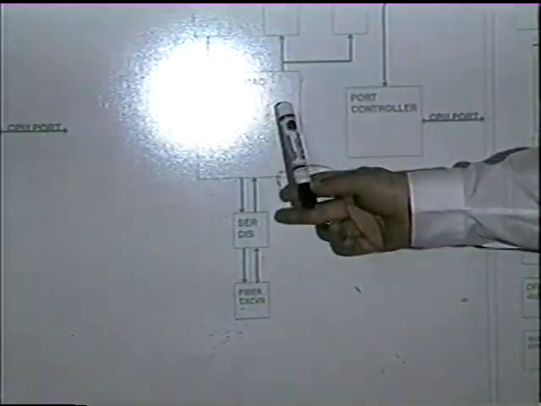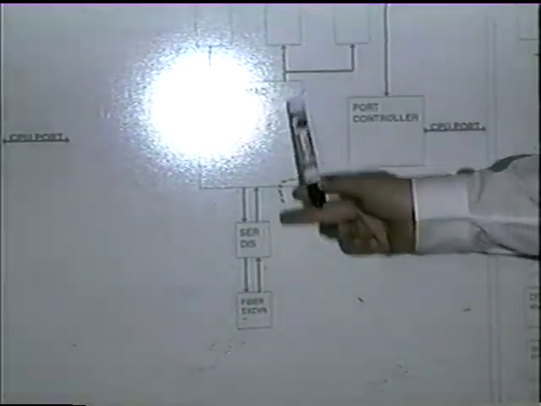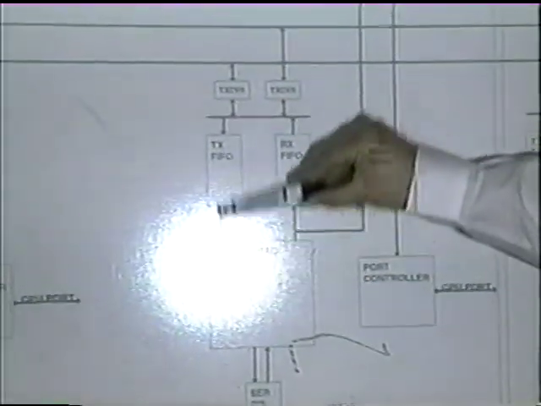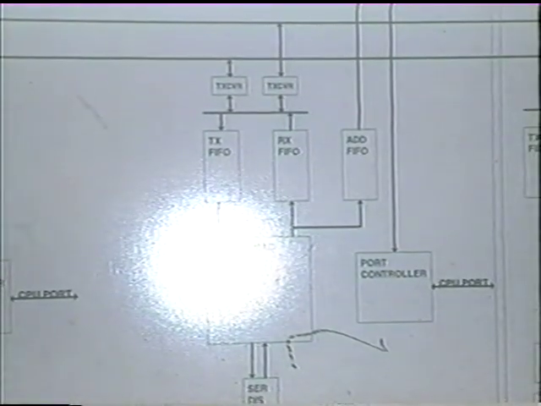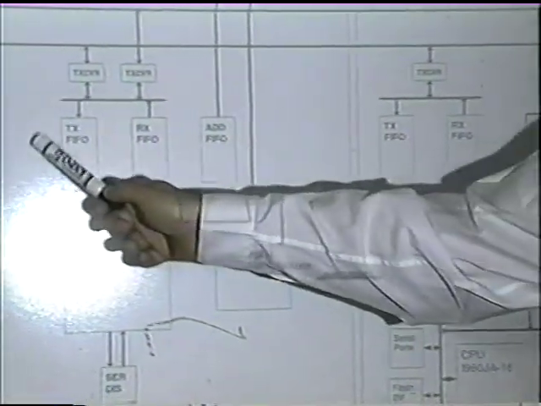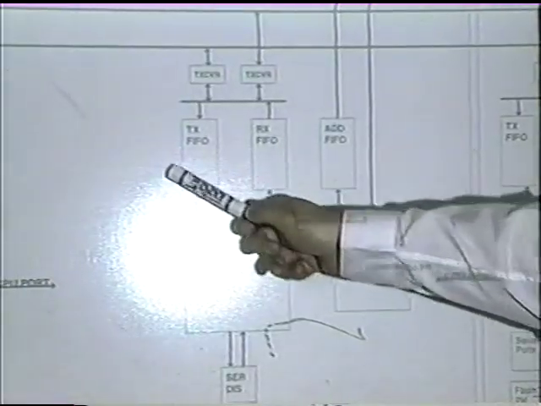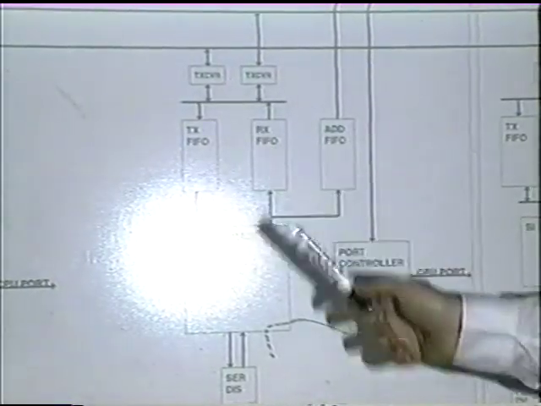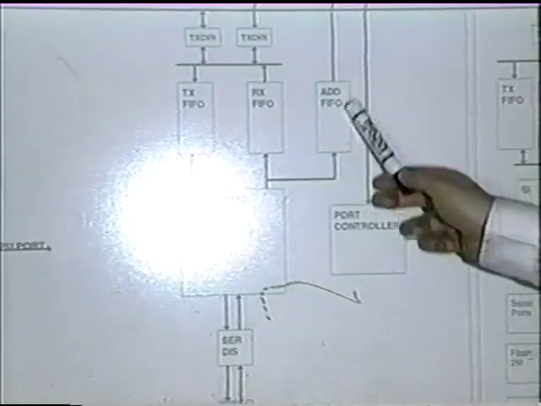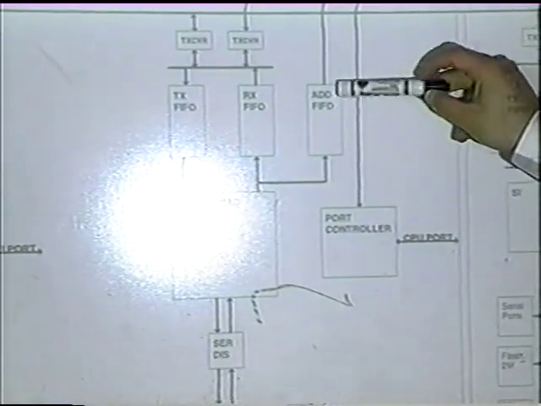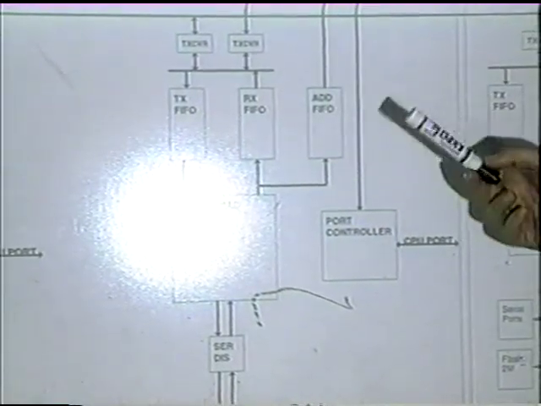Then we have what we call receive input FIFO and transmit output FIFO. You can look at them as two logical separate memories. In fact, this is a single memory right here on the gigabit port. And we have what we call a header FIFO. It's called here an address FIFO.